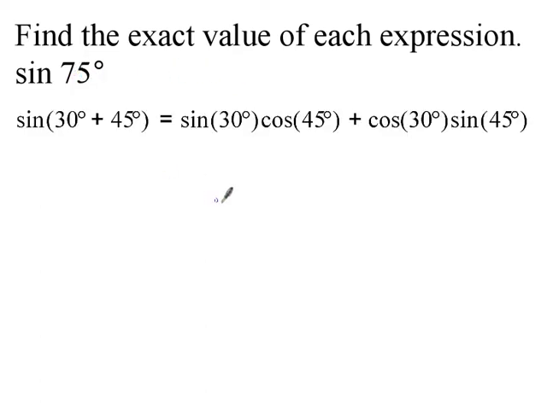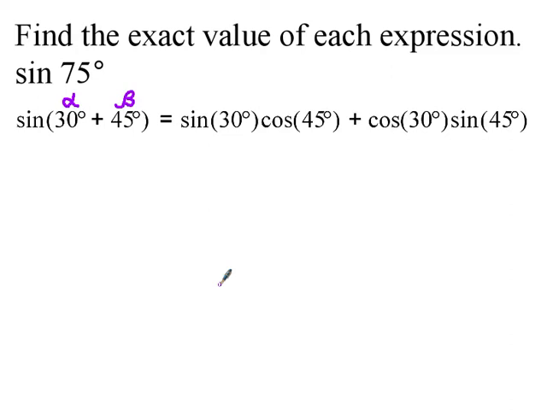Okay, so what I'm going to do is I'm going to go ahead and take sine. And so what those correlate to is 30 correlates to alpha, 45 correlates to beta in our formula.